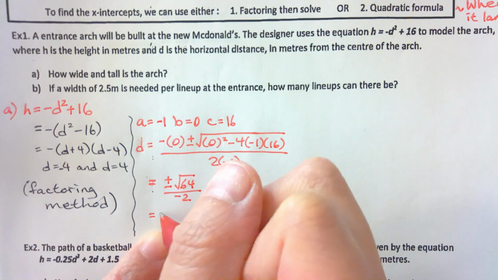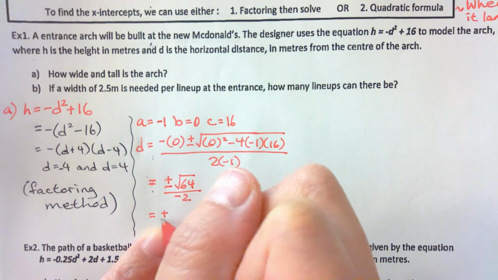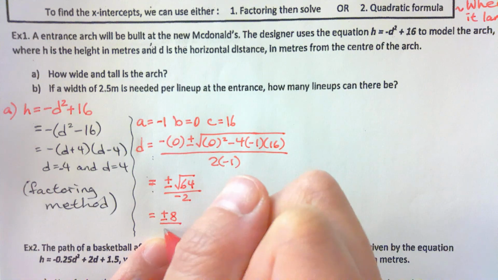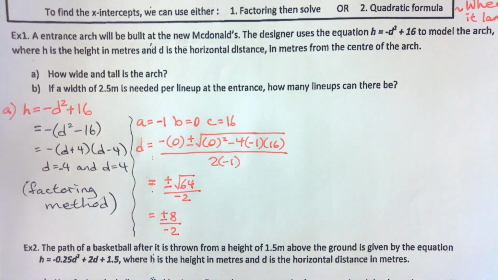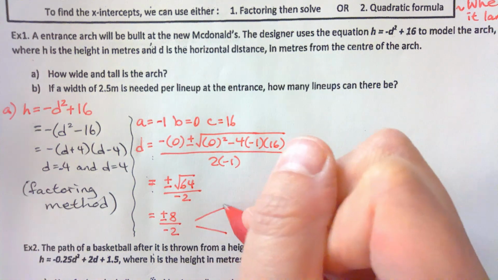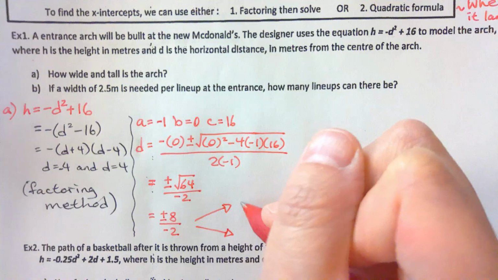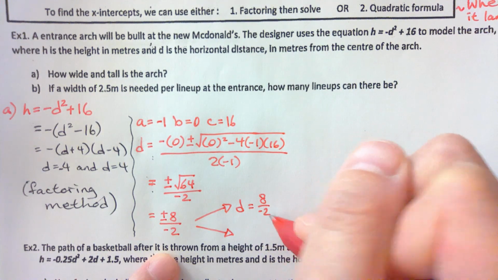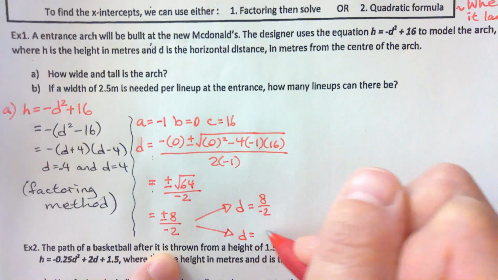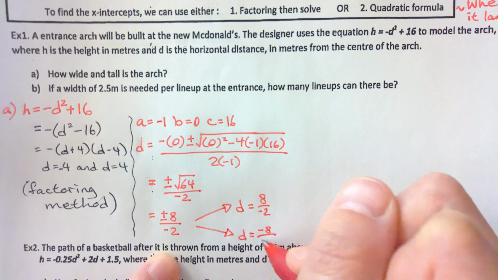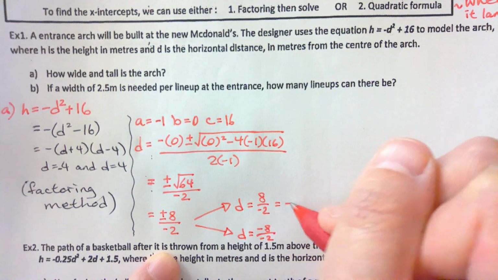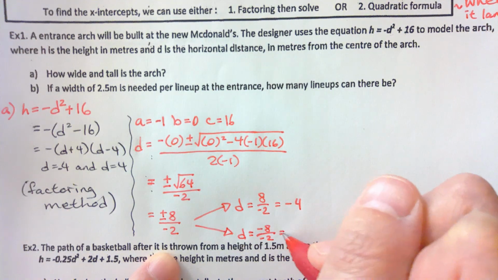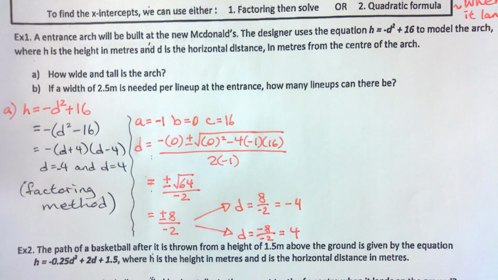Which gives you plus or minus 8 over negative 2, because root 64 is just 8. So then your two answers, one is 8 over negative 2, and one is negative 8 over negative 2. And guess what you get? 4, negative 4.